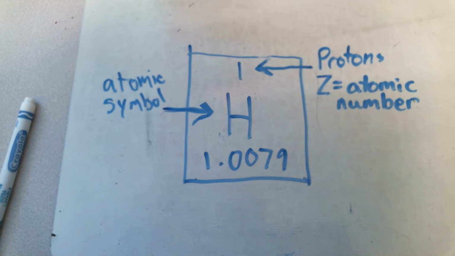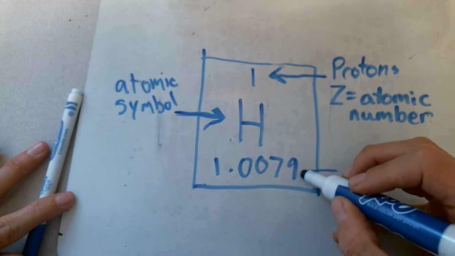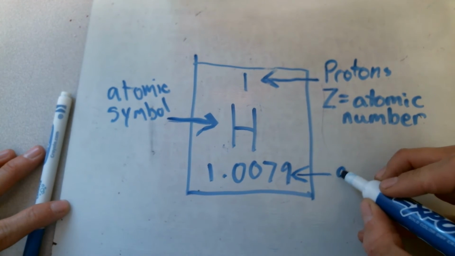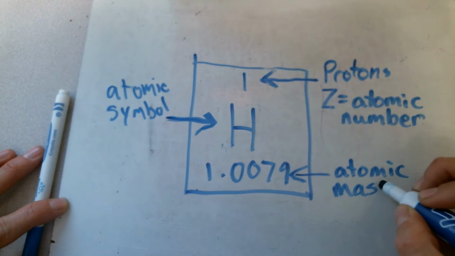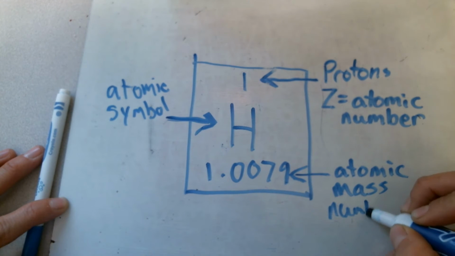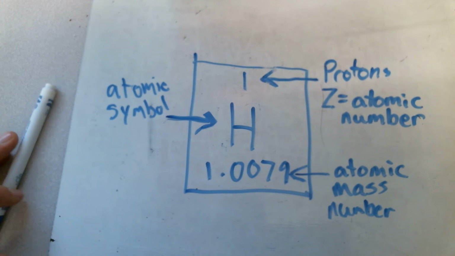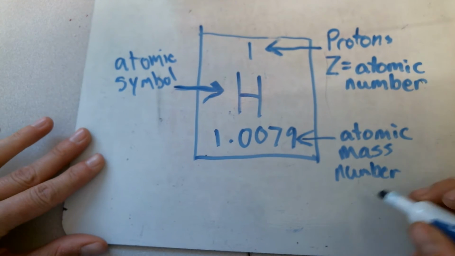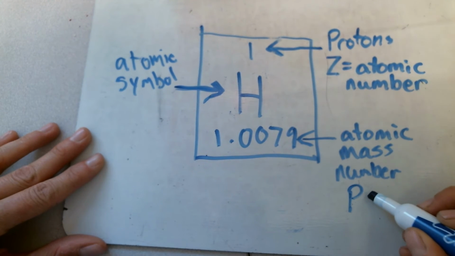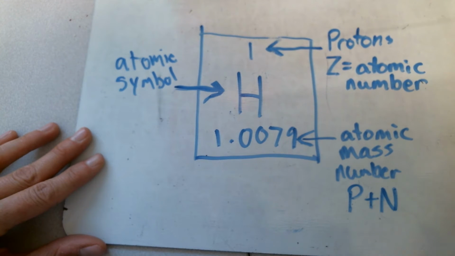Okay. So using this information, oh, I forgot to tell you about this bottom number. This bottom number is called the atomic mass number. Okay, so this atomic mass number, what it is, it's the sum of the protons plus the neutrons in the atom.